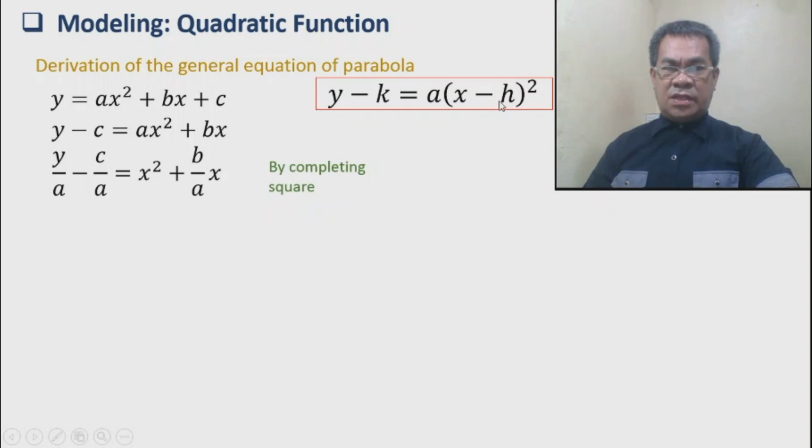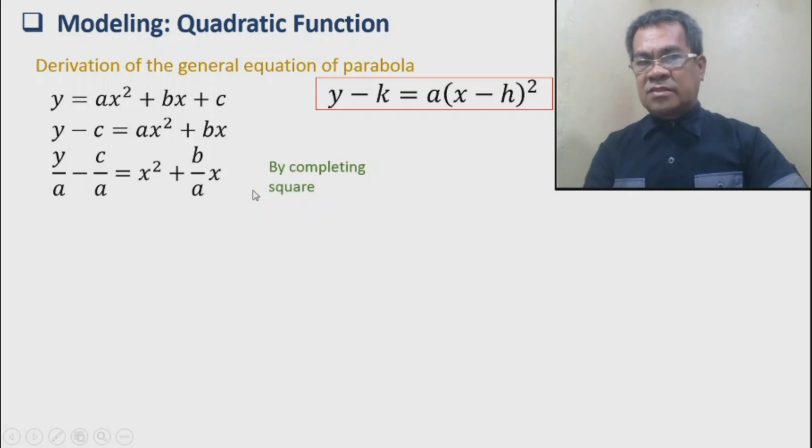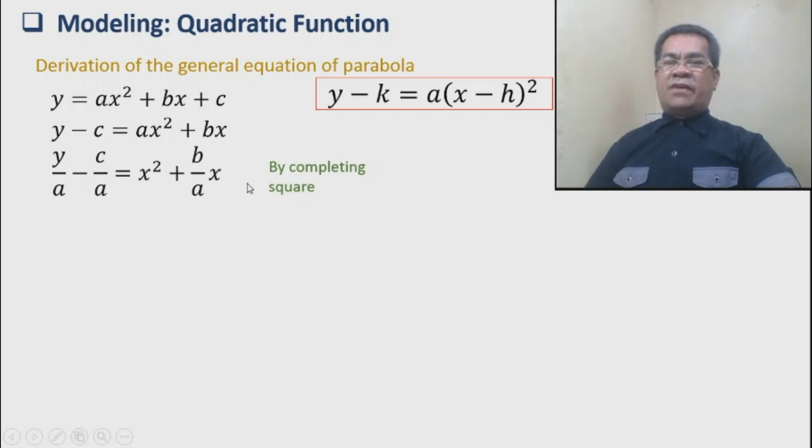And if you expand this one by multiplication, the result is a perfect square trinomial. So, we will complete the square so that we come up with a perfect square trinomial. Once it is a perfect square trinomial, then we can find the factor, which is the square of a binomial.